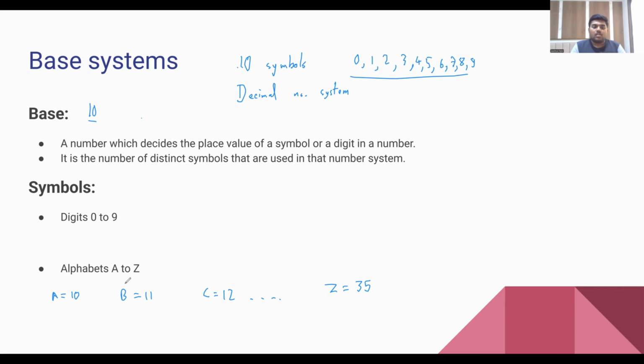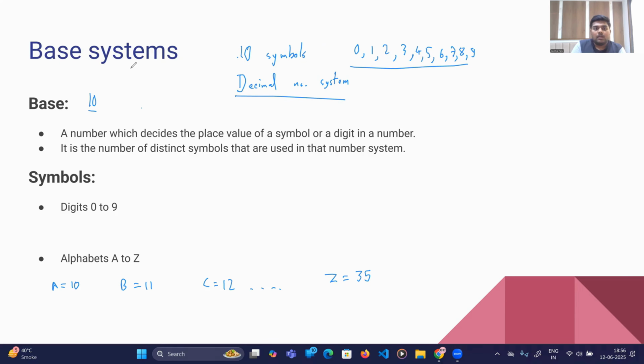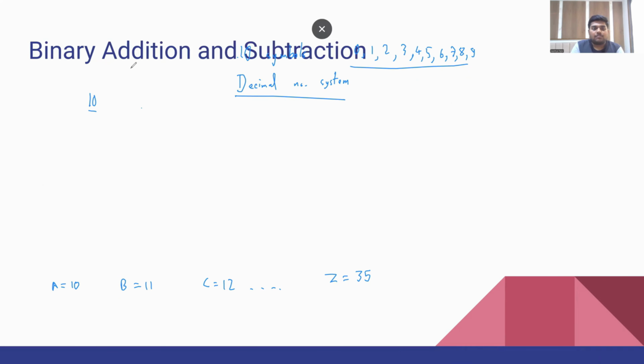So these alphabets are also used for depicting a number. The standard one is the decimal number system, and this is how it goes. Now, there are certain types of number systems.